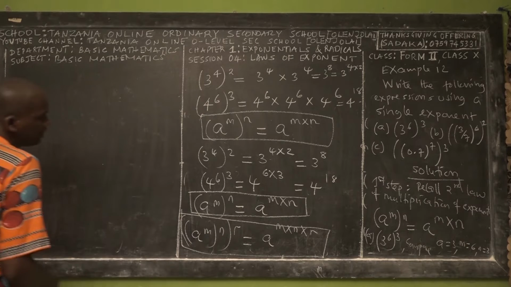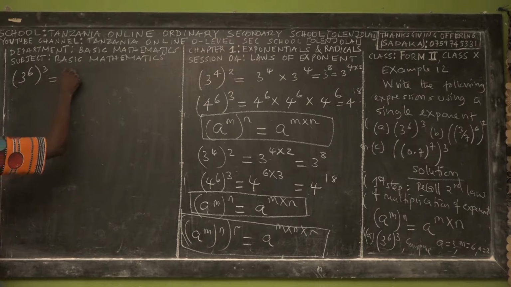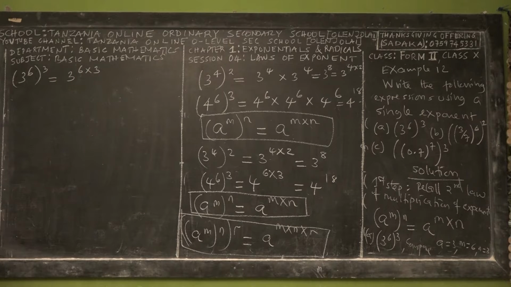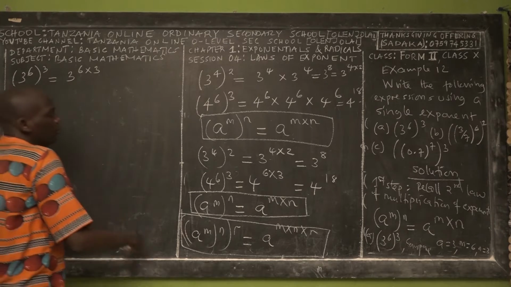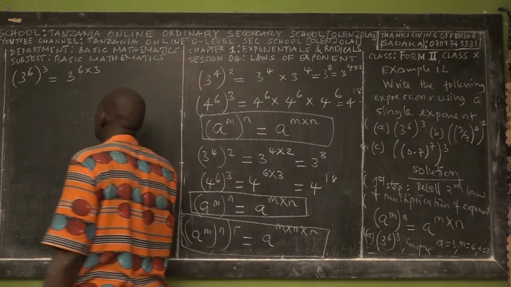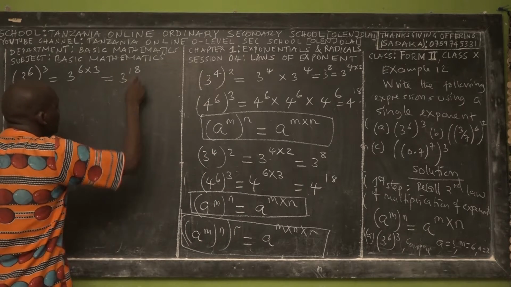We have been given 3 power 6 raised to 3. This is equal to 3 power 6 times 3, because on the right hand side it is m times n. So we multiply the exponents. 6 times 3, what do you get? 18.